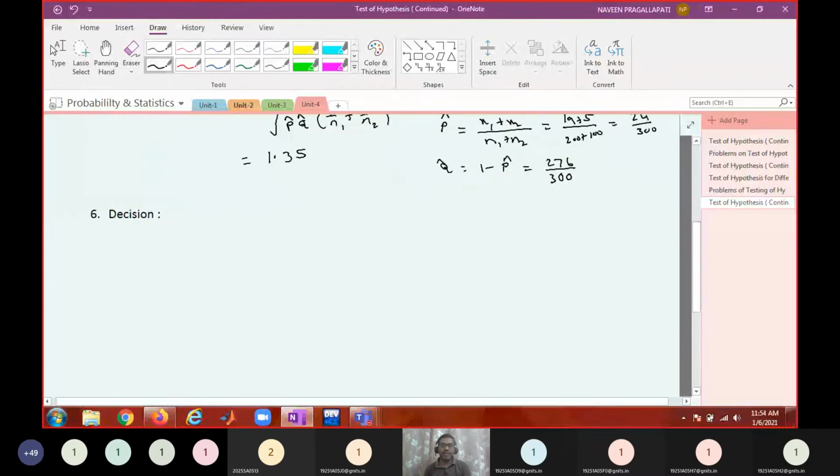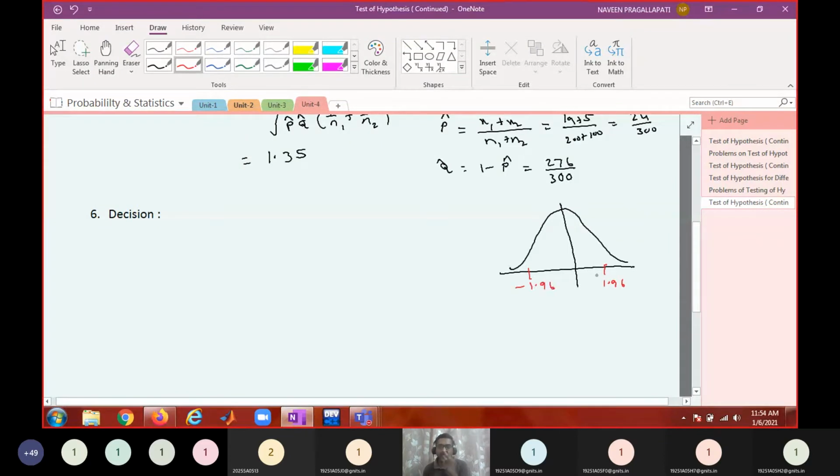So draw the curve. When you draw the curve, the test statistic is 1.3543. The critical values are at 1.96 and minus 1.96.